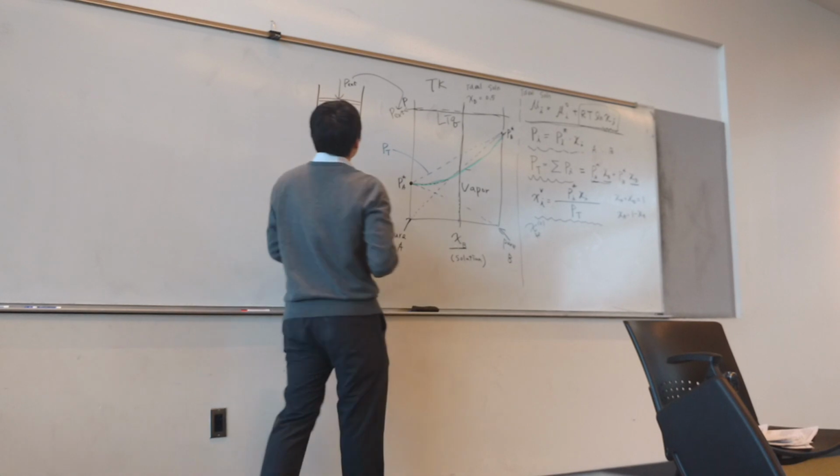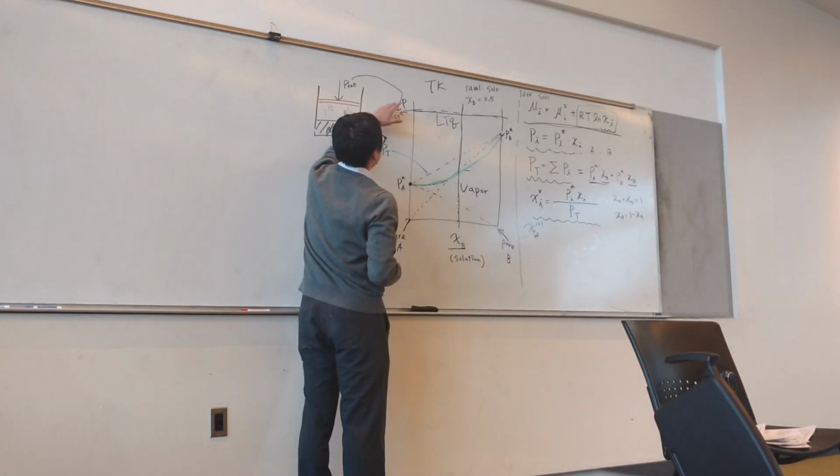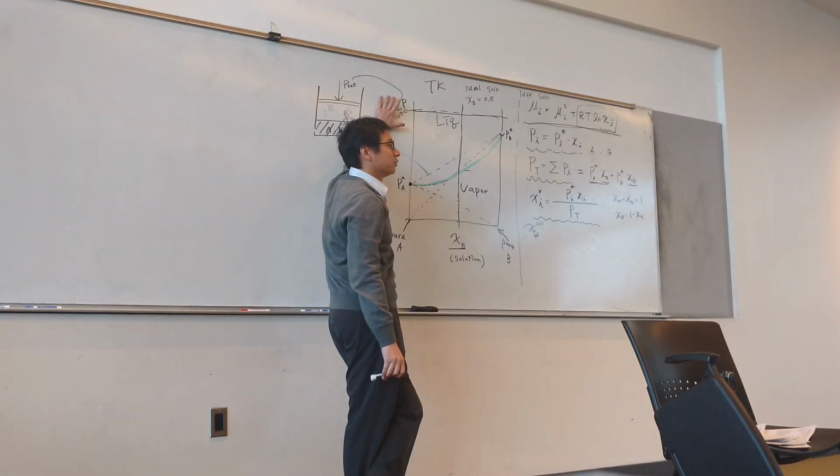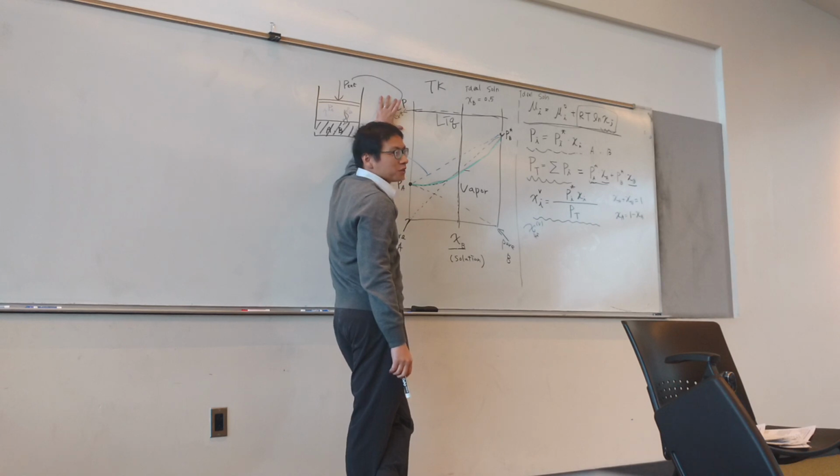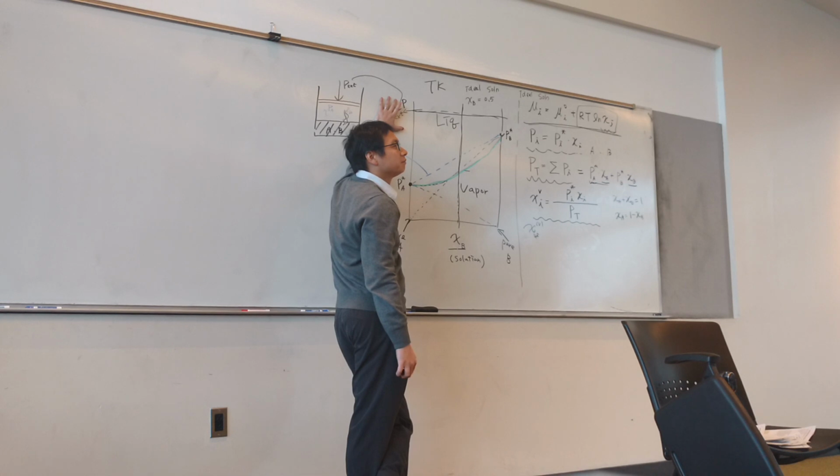So at these very high pressures, I will ask you, inside your system, do you have liquid solution or do you have a coexistence of liquid and vapor? Just liquid, yes.